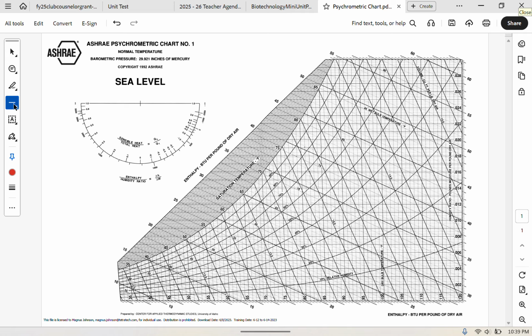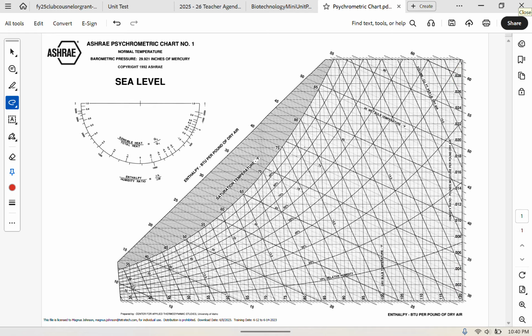So humidity ratio is also known as absolute humidity, and that would be these values on the right side here, so 0.002, 0.004, up to 0.008, or sorry, 0.028. These are the lines for the absolute humidity, which is the pounds of moisture per pound of dry air within the saturated air mixture. So as the number increases, of course, the total amount of humidity is increasing.